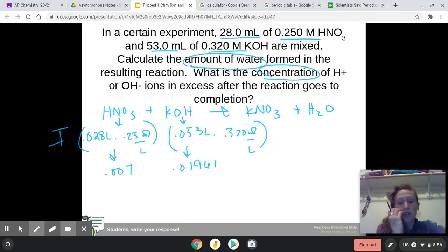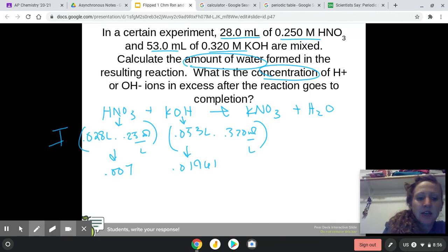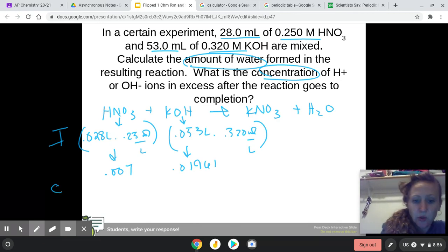Okay, so these are my initial amounts of moles. It's going to react in a 1-to-1. So whatever HNO3 reacts, the same is going to react in KOH. So my change is going to be the smaller of the two. So in the end, I'm going to have none of this.